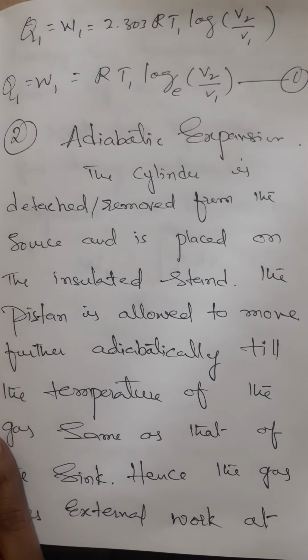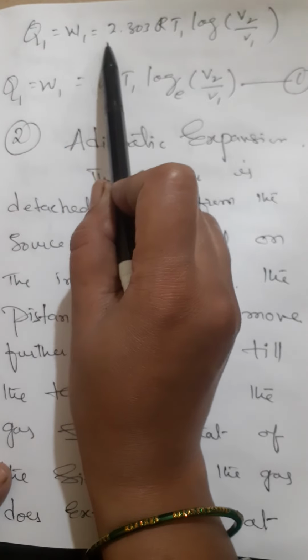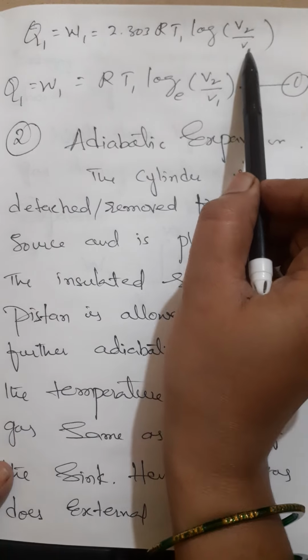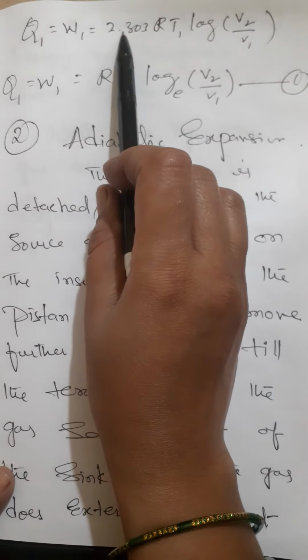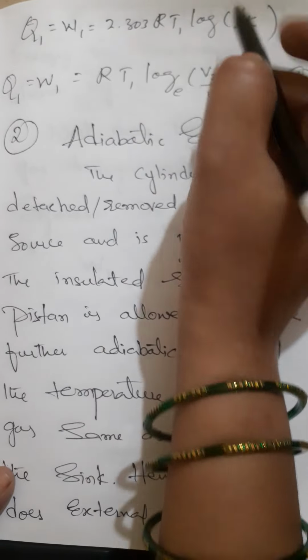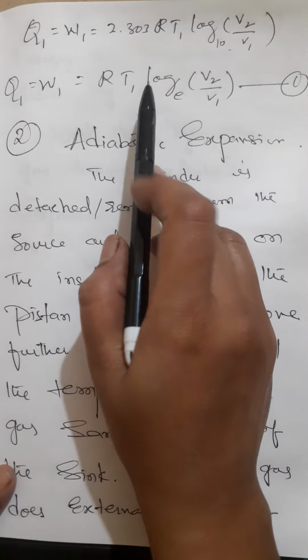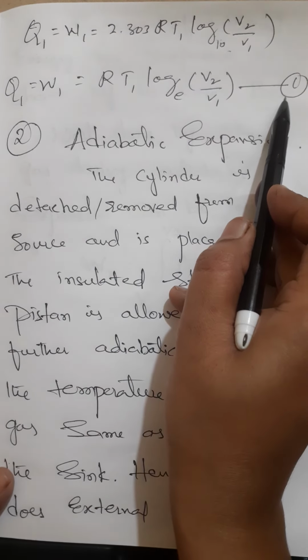If you integrate that equation, then Q1 is equal to W1 is equal to 2.303 RT1 log V2 by V1 after substituting the limits. The log base 10 value can be written as log E of V2 by V1. Let us take this as equation number 1.